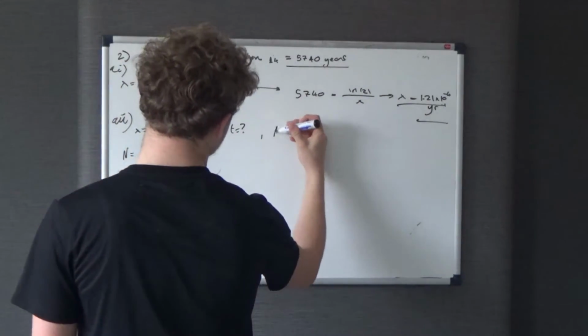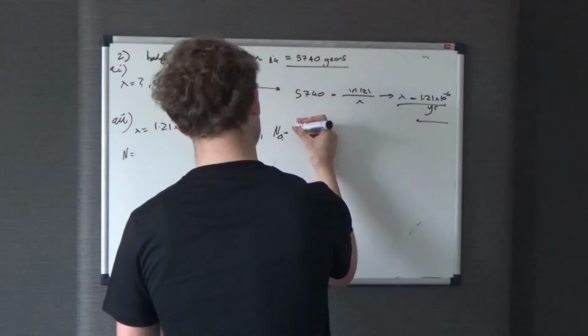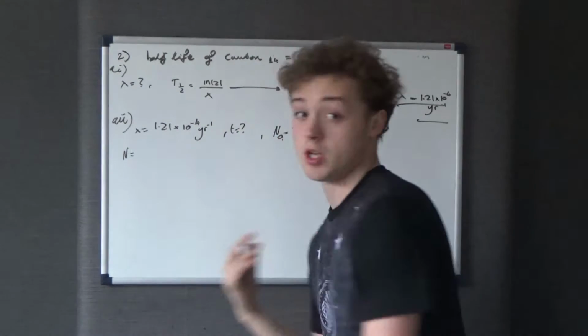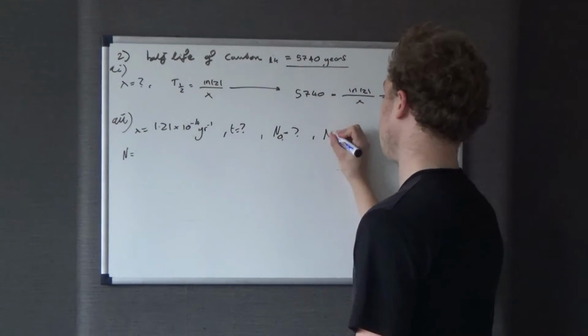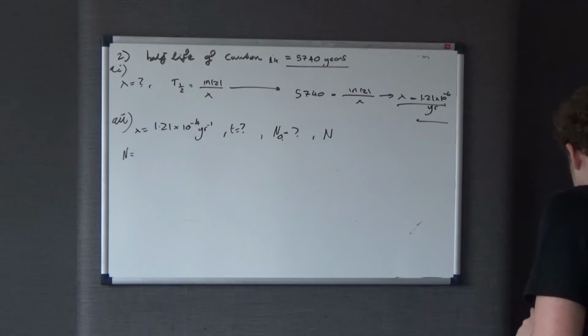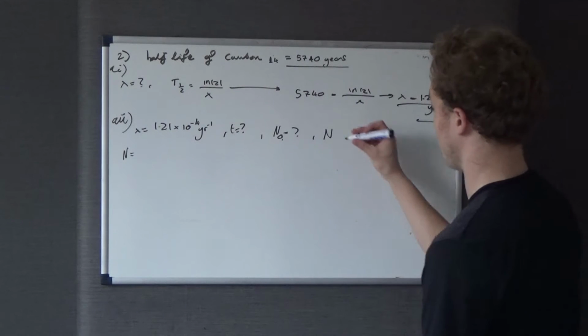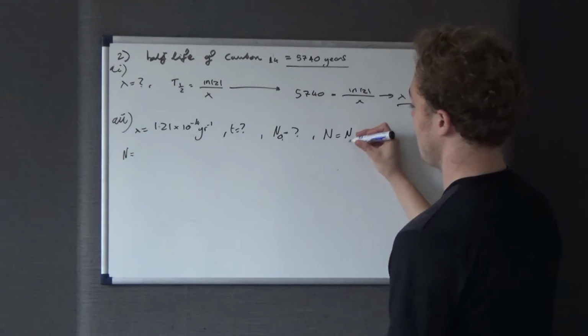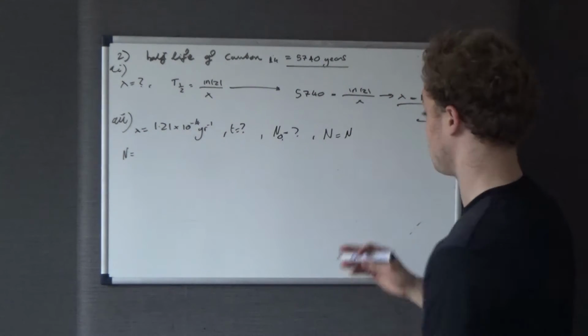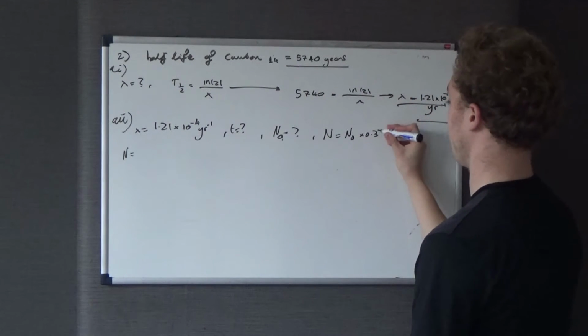What we're told is that they have a starting number of nuclei, N naught, but the number of atoms in this case is 0.375 of what it was at the start. So N is equal to the starting number times 0.375.